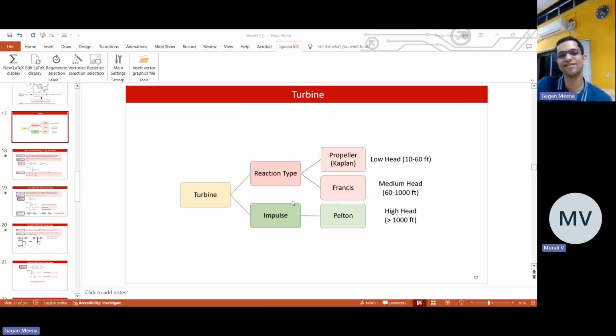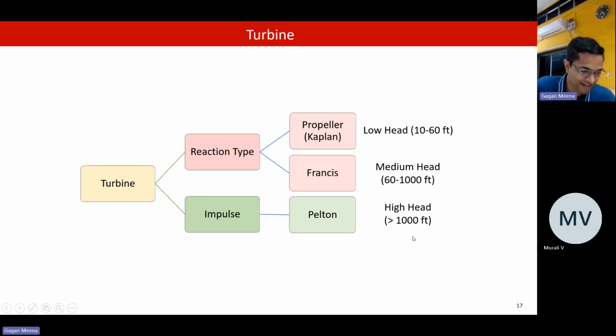It's a multiple choice question, and they missed out one option. That's the problem. Otherwise, both the options are correct in that.